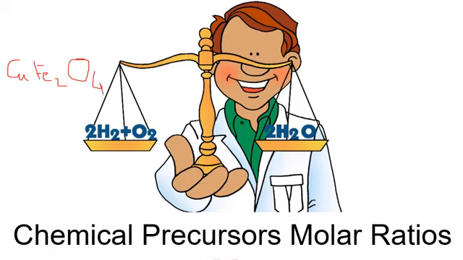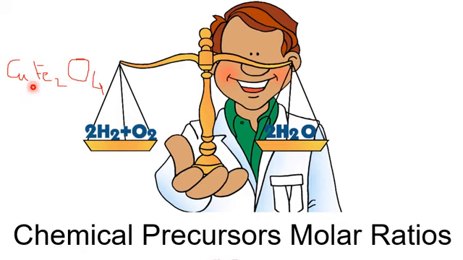In order to prepare copper ferrite via sol-gel, please note that we need a 1 to 2 molar ratio of copper and iron. So we need to prepare 1 mole of solution of copper and 2 moles of solution of iron, and at the end of the day we combine both of these, and we will achieve copper iron oxide nanoparticles or nanomaterials.